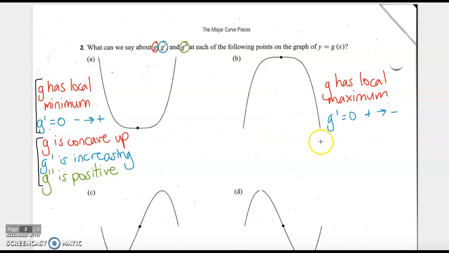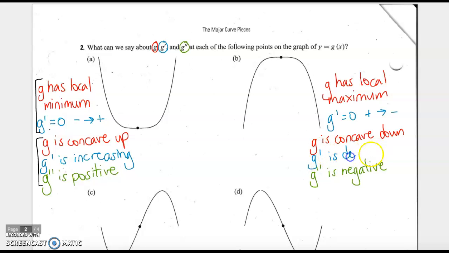I also know that G is concave down, which again results in my second derivative being negative, and therefore my first derivative decreasing.